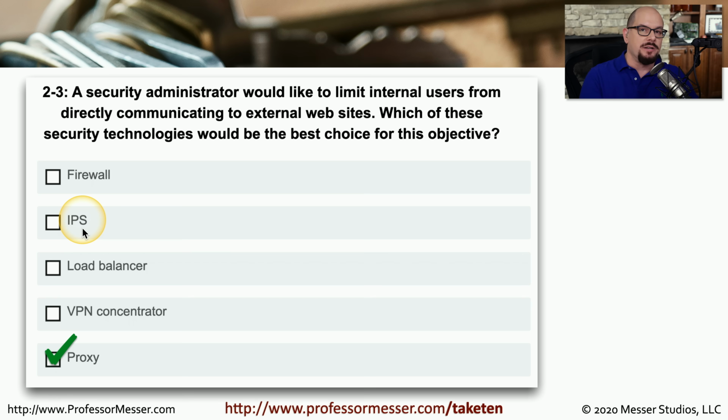They are not designed to provide controls for users that are communicating to websites. Load balancers are a great way to provide uptime and availability of services, but they're not a security tool that restricts people's access to external websites. And VPN concentrators are useful if you need a protected and encrypted tunnel between two locations, but they're not used as a security tool to limit someone's direct access to a web server.